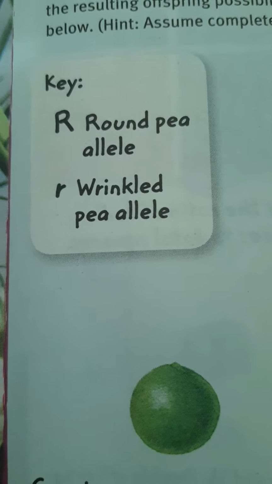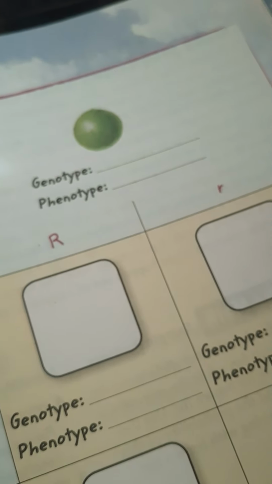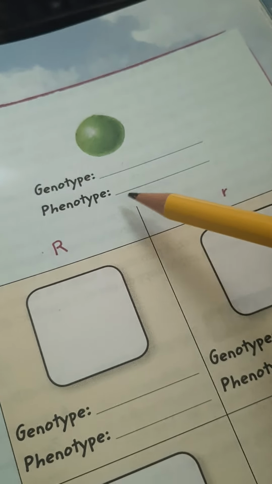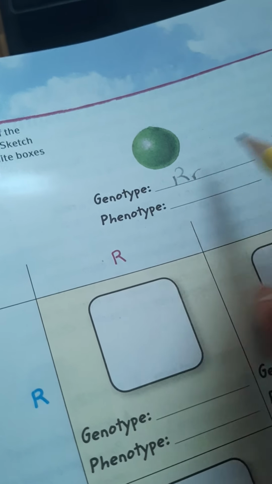Let's do this square as an example. We have the R capital for the round pea allele, the R small for the wrinkled pea allele, okay? So this is what? This is a round pea, okay? So what's the genotype for this round allele? It's R capital, R small, okay?